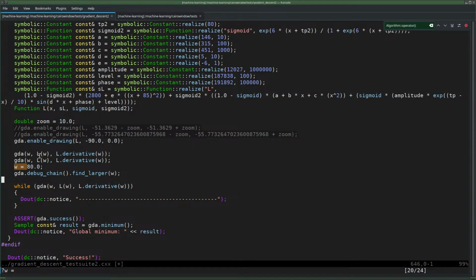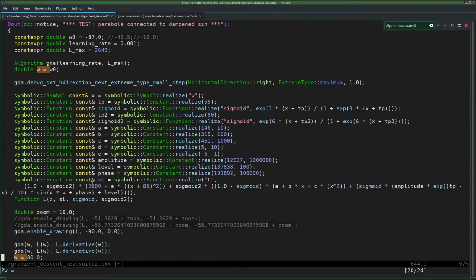So now I call it with minus 86, and then we add 1, because I called here, I said small step to 1. So it's going to add 1 immediately.